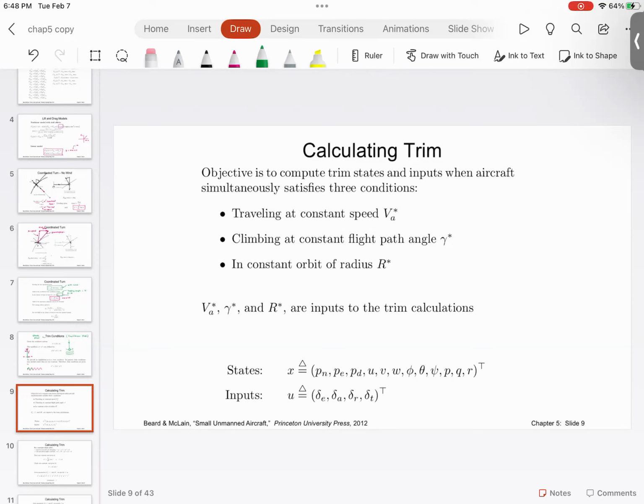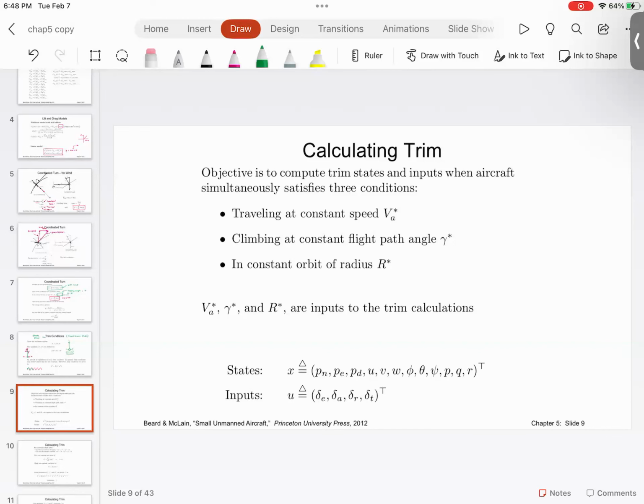Everyone understood this? Now, some of you may ask me, then how do we do that? Clearly, it's impossible to do that by hand, unless the flight regime is a simple level flight and you make certain assumptions. So what we are going to do is, this is what we are going to achieve.